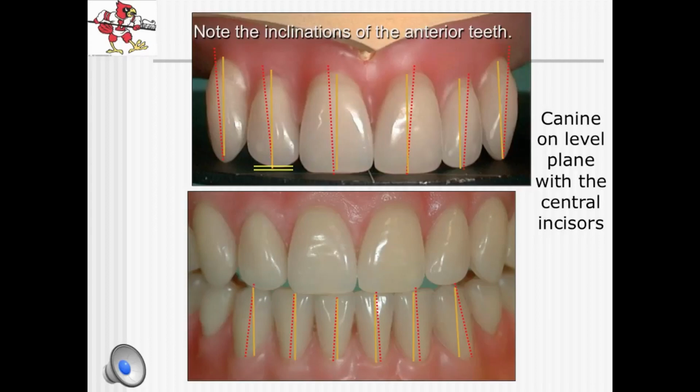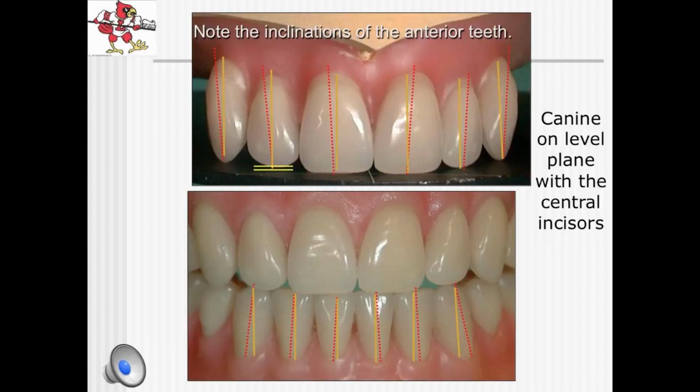It is noted that the central incisor has a slight mesial inclination, the lateral incisor has the greatest mesial inclination of the 6 anterior teeth, and the canine reverts back to a slight mesial inclination like the central. Note that in the top picture, the canine is set, in this particular setup, on the occlusal plane. The lateral incisor is the only one raised off the plane, and that being by about 1 millimeter.